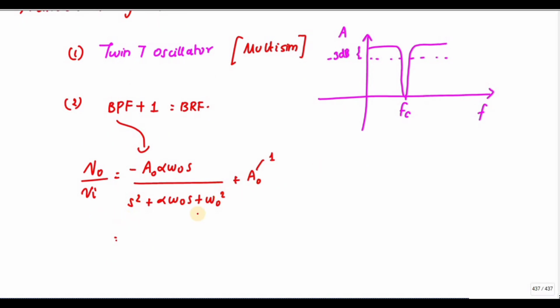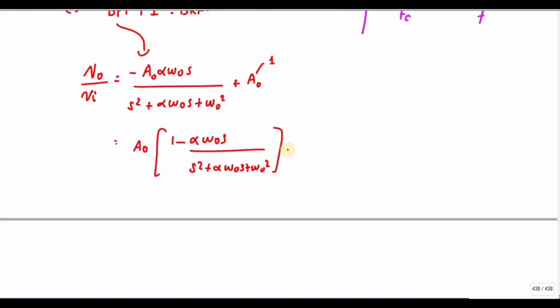If I solve this, you'll get 1 minus alpha omega naught S divided by S square plus alpha omega naught S plus omega naught square. You will get the answer as A0 into S square plus omega naught square divided by S square plus alpha omega naught S plus omega naught square.